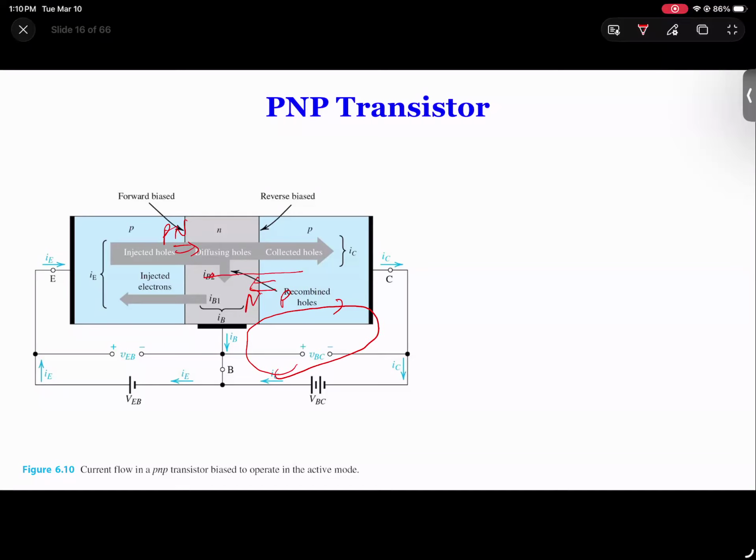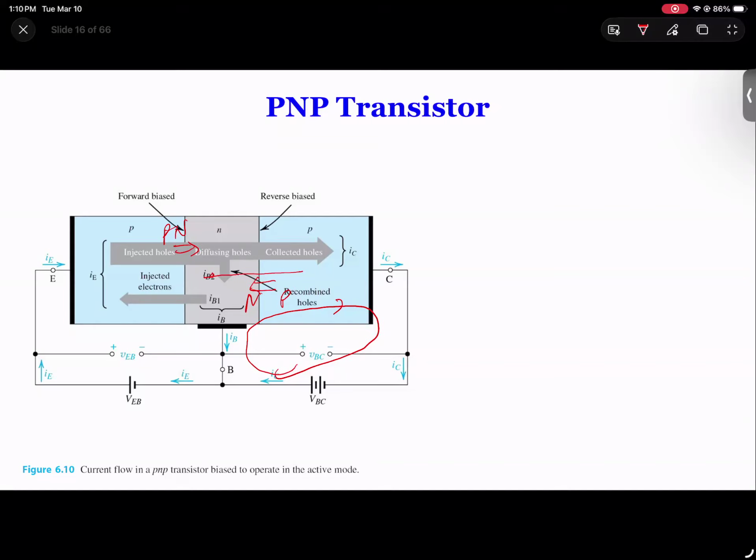So holes moving from, so hole means move from, break down this PN junction so that the holes move from this side to this way.